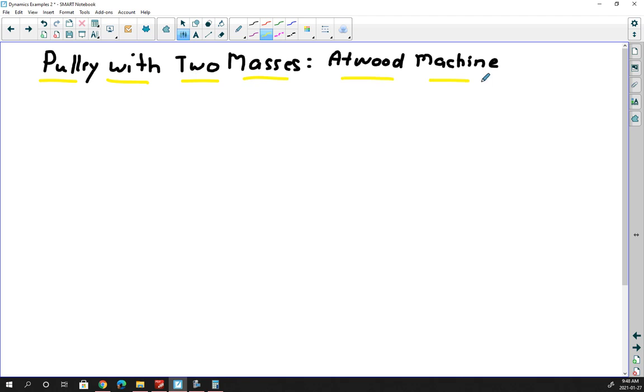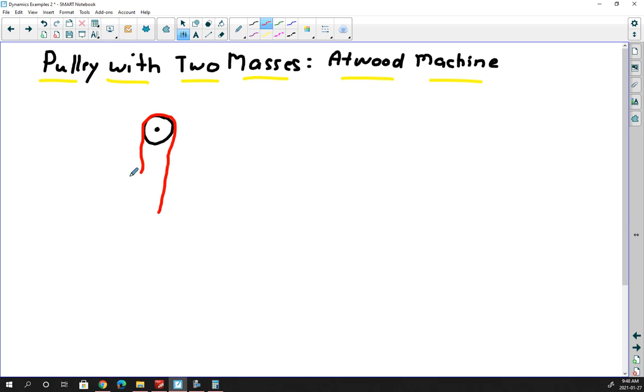Okay, so let me draw what this is going to look like. A pulley is just a wheel, and we're going to assume there's no friction as this wheel turns. And on the wheel, you put string.